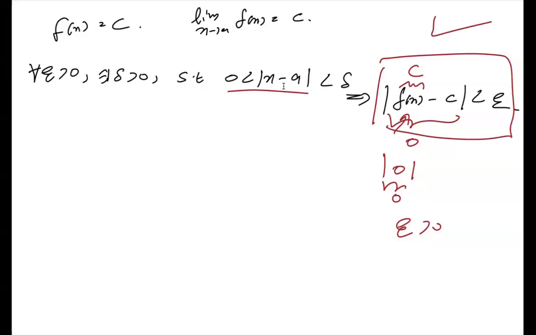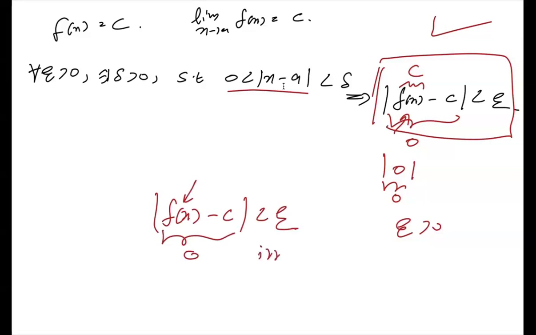Any delta works, so there's nothing to prove there. You just write the definition and mention that |f(x) minus c| becomes 0 since f(x) is a constant, and it holds irrespective of your delta. So that's the proof. Actually, you have nothing to prove; I just have to mention that.